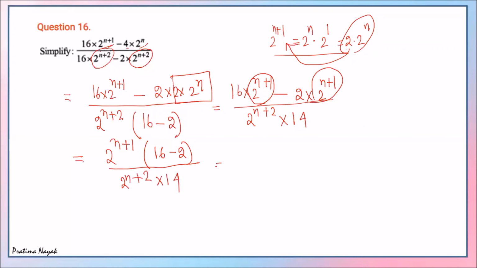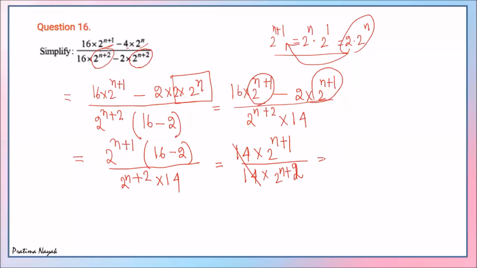So will you get 14 in the numerator? Yes. This will be 14 into 2 to the power n plus 1 by 14 into 2 to the power n plus 2. I can cancel 14, 14. Now come to this.